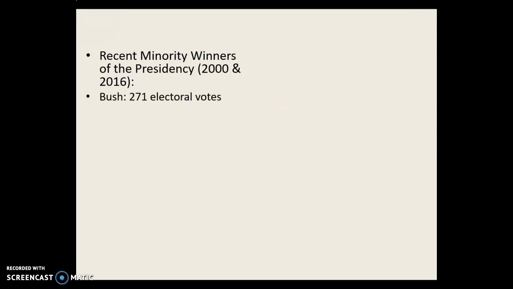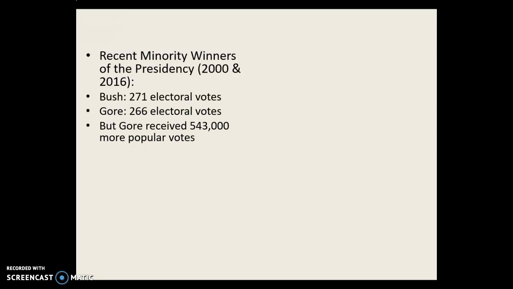This happened in the year 2000. In that election, Bush won 271 electoral votes. Gore won 266 votes. But Al Gore received 543,000 more popular votes than George W. Bush did. So even though Gore gets more votes from the American people, Bush wins the election.